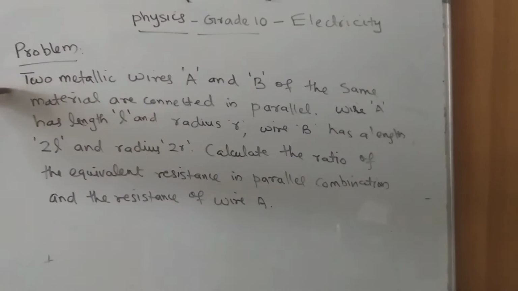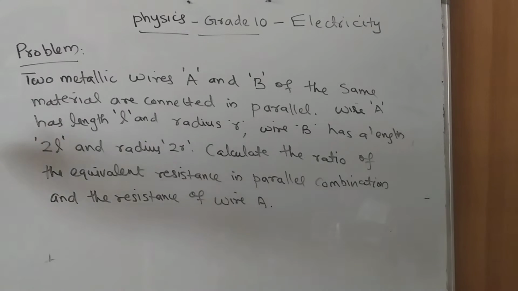Two metallic wires, A and B, of the same material, are connected in parallel. So there are two wires available. One is denoted by A, the other one is B. Wire A has a length of L and radius R, whereas wire B has a length of 2L and radius 2R.